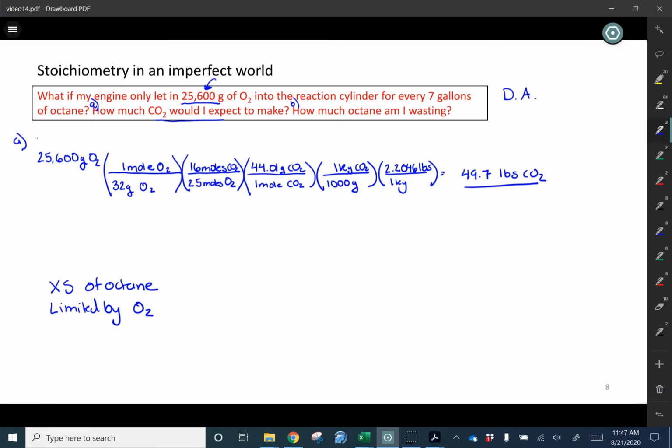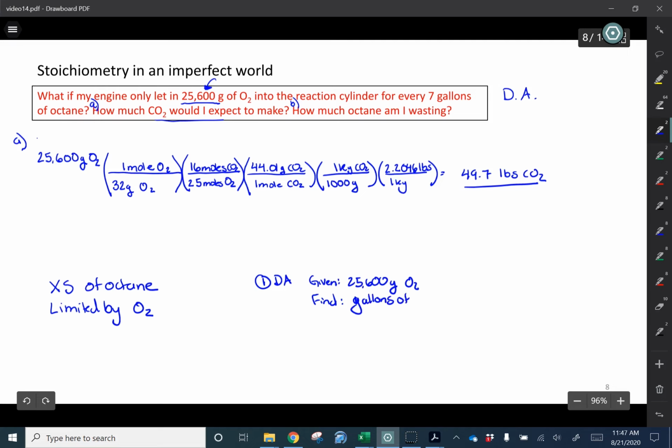So we're going to start with O2 and calculate how much octane we would need based upon that amount of O2, and then we'll subtract. So we're going to do this in two parts. One, dimensional analysis, where we're given 25,600 grams of O2, and we're going to find gallons, that's right, gallons of octane.